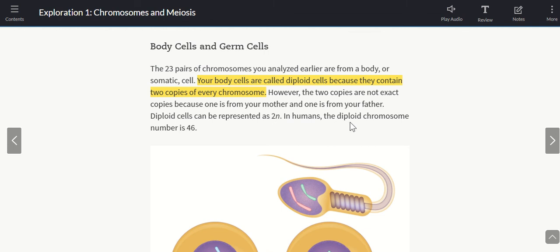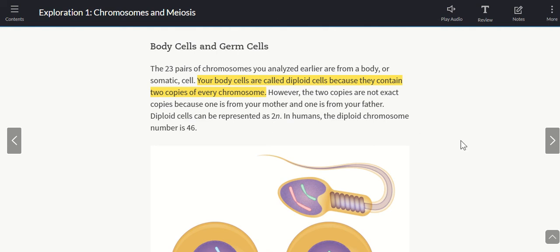So in humans, right, we would have a diploid number of what we say 2n. In other words, n being the number of different types of chromosomes and 2 being the fact that we have 2 copies of each, kind of like socks in a sock drawer, right?